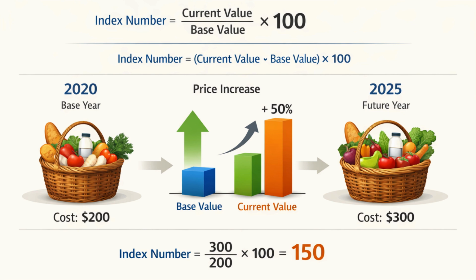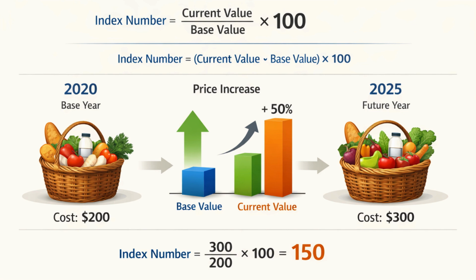Then we compute the index value for 2025. So the formula is: index number equals current value divided by base value, multiplied by 100. In our example, index equals 1250 divided by 1000, multiplied by 100. Index will be 125. This tells us that prices increased 25% relative to the base year.